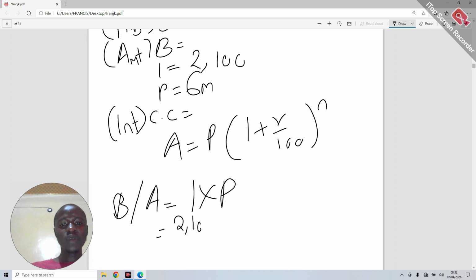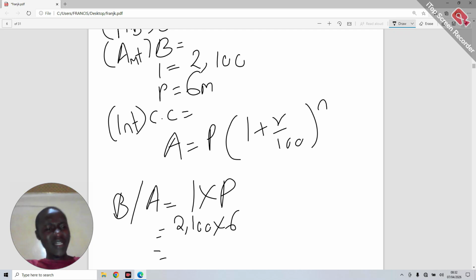So we have 2,100 multiplied by 6. Remember that we have no rate given here, so you don't convert your period to the number of years because there's no rate. You only convert something to months or something to years when the rate is involved. Get me very clearly. All right.